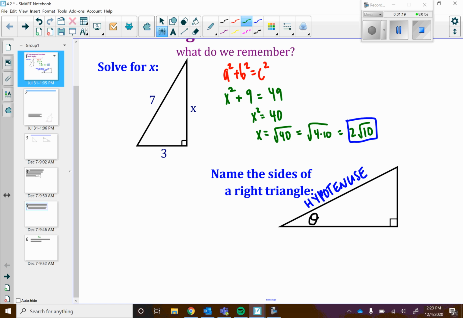And then we've got the side opposite. And we've got the side right next to it, which is known as adjacent. I am hopeful that this first slide was really, truly review. And if it wasn't, that's okay. But these are really important things that we'll be using throughout this lesson.